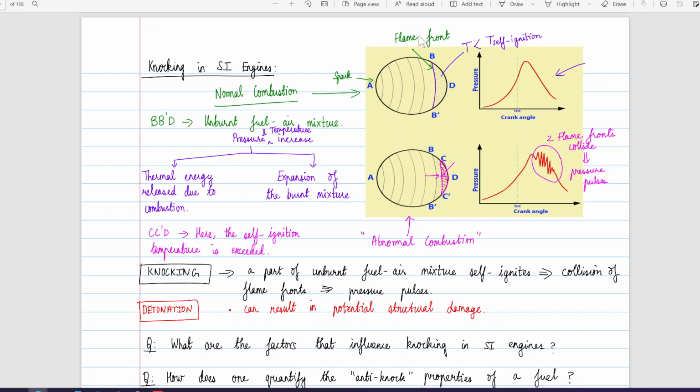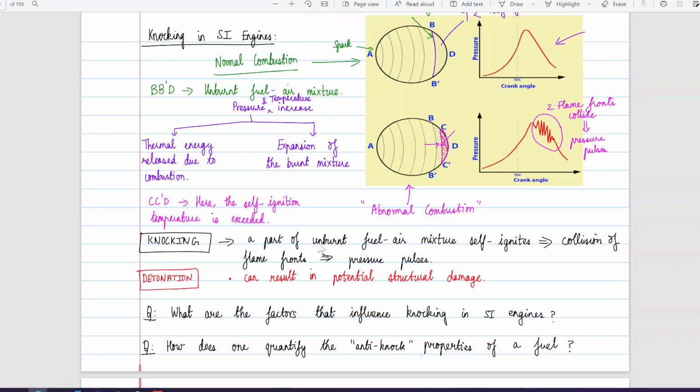So you can look at a flame front and consider that flame front as a wave, and then there is a collision of two waves. If there is this kind of a collision, we would see some pressure pulses in the engine. Now these kind of pulses would result in damage to your engine because this happens time and time again every time you pass through all your four strokes.